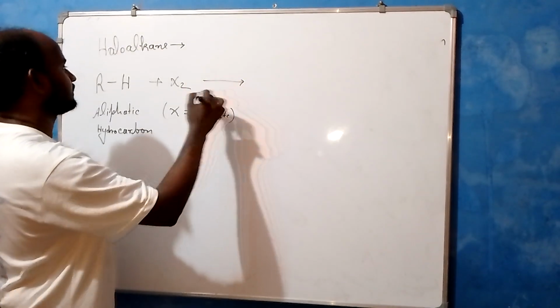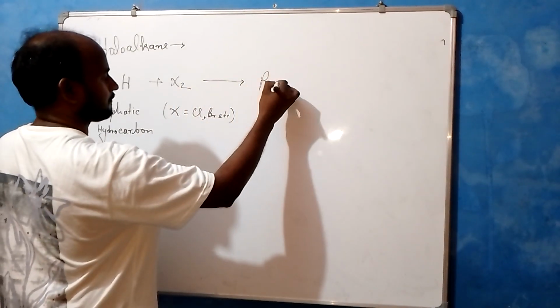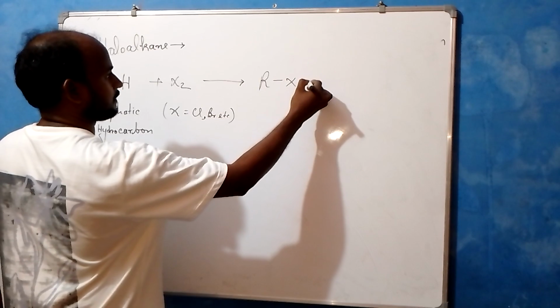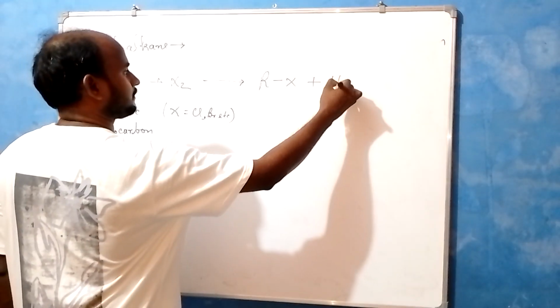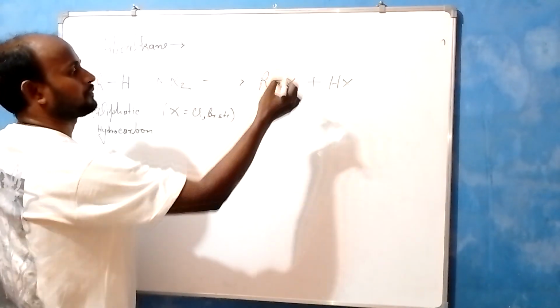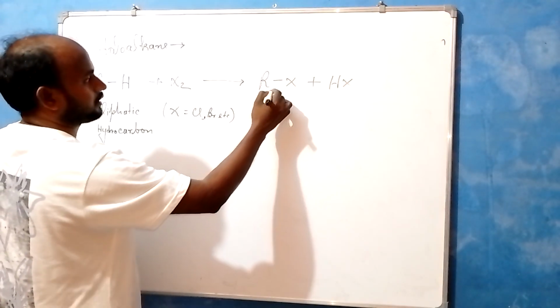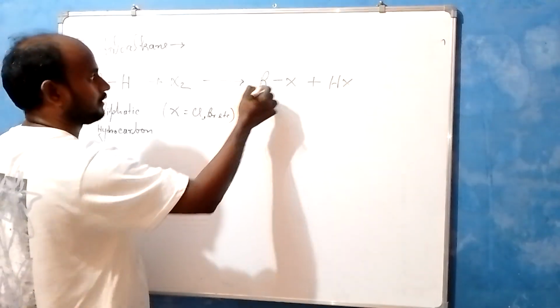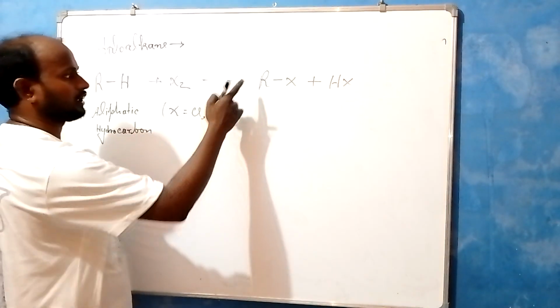Then it gives out haloalkane plus HX. R represents the alkyl group, and X represents the halogen.